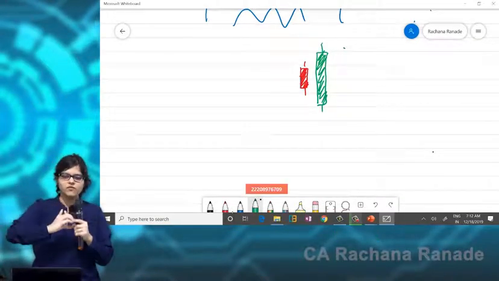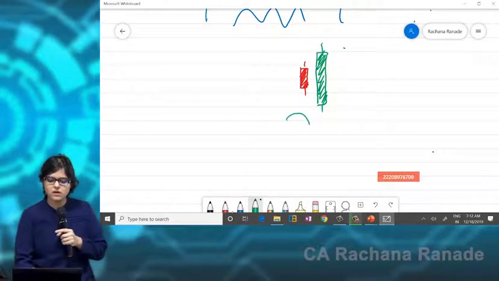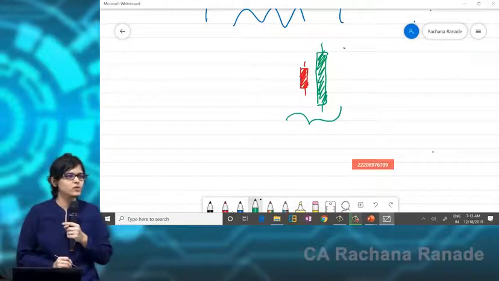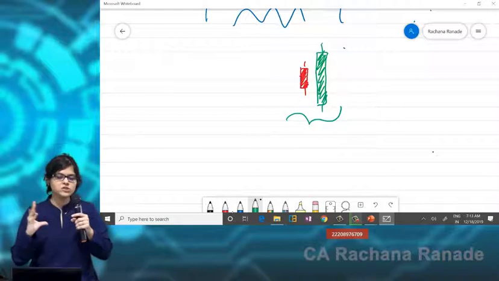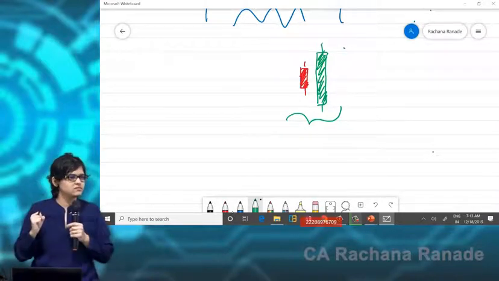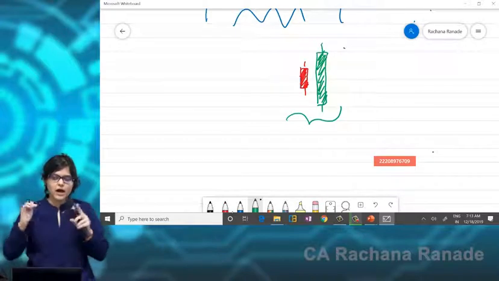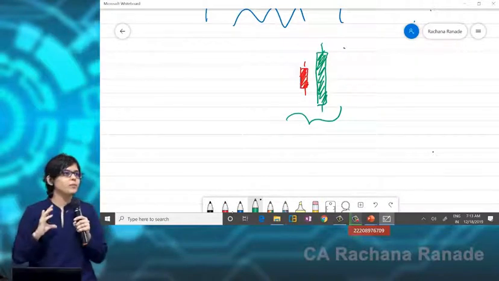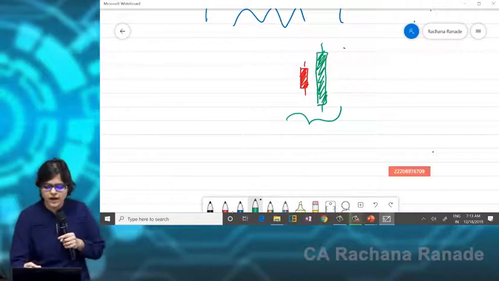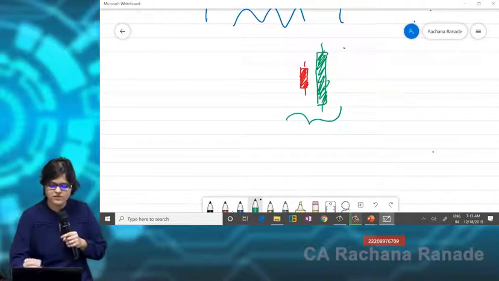If this be so, this combination of candlesticks will be known as what? A bullish engulfing candlestick. Is this okay? If it has to engulf, in the ideal scenario, it has to engulf properly. Means what?